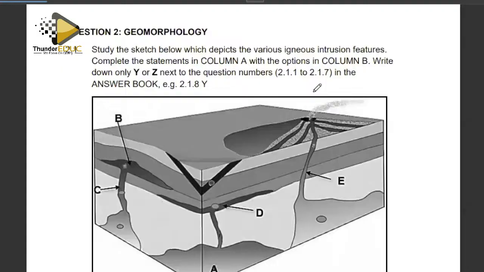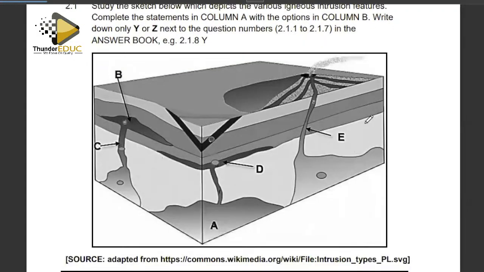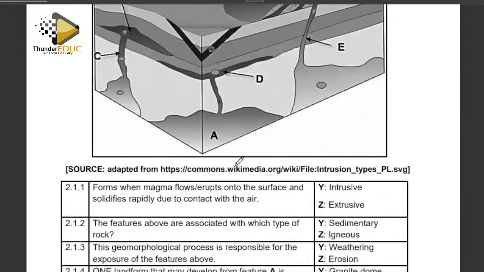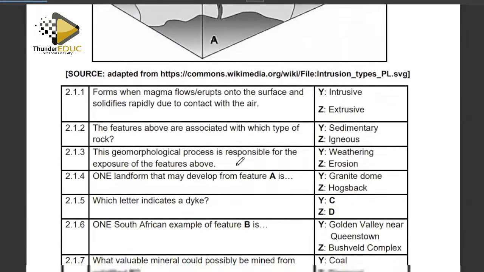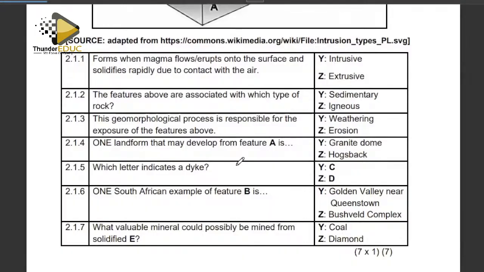Right, question number 2 is geomorphology. The first question is based on this illustration of intrusive volcanic features. Right, it forms when magma flows, erupts onto the surface and solidifies due to contact with the air. This is extrusive or outside features.